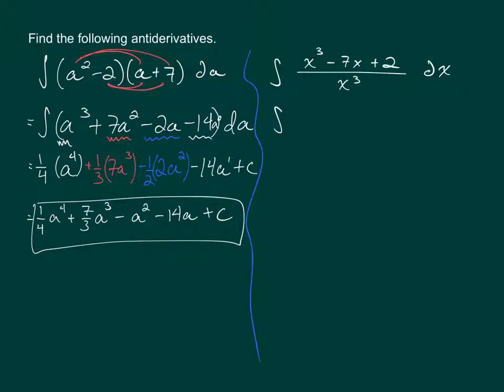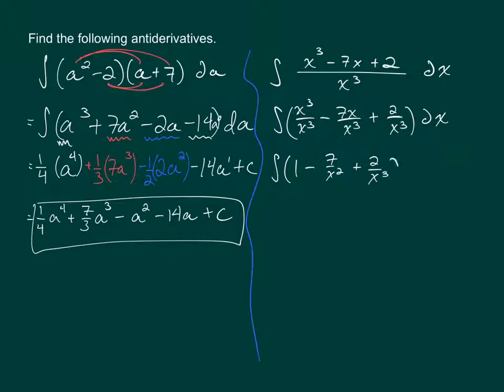The antiderivative of x cubed over x cubed minus 7x over x cubed plus 2 over x cubed, all with respect to x. Then we can simplify each of these terms into something like this. So the integral, or the antiderivative, of 1 minus 7 over x squared plus 2 over x cubed dx.